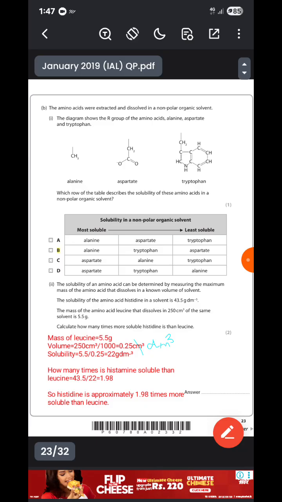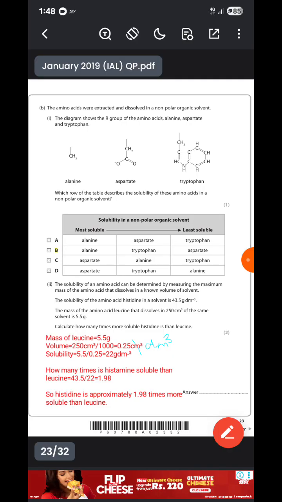Then Roman numeral 2. The solubility of an amino acid can be determined by measuring the maximum mass of the amino acid that dissolves in a known volume of the solvent. The solubility of the amino acid histidine in a solvent is 43.5 grams per dm cube. The mass of the amino acid leucine that dissolves in 250 cubic centimeters of the same solvent is 5.5 grams.